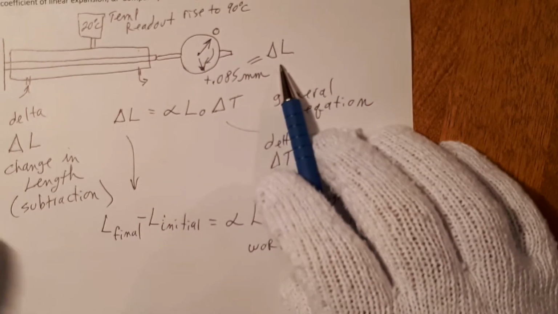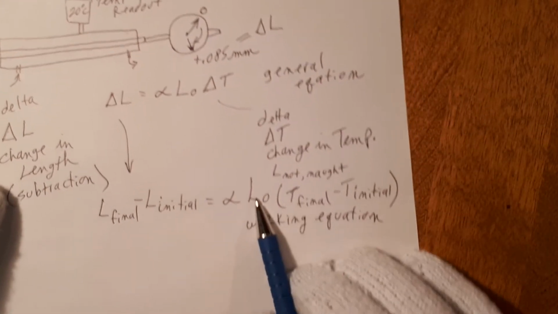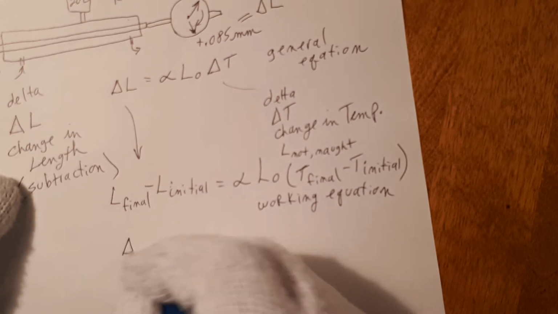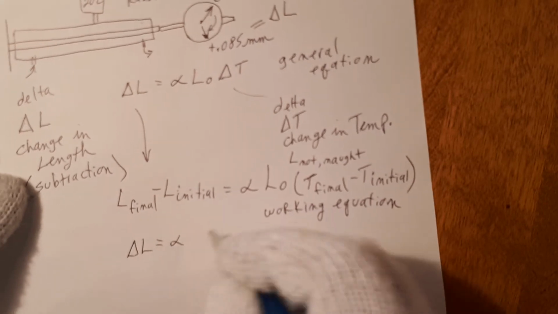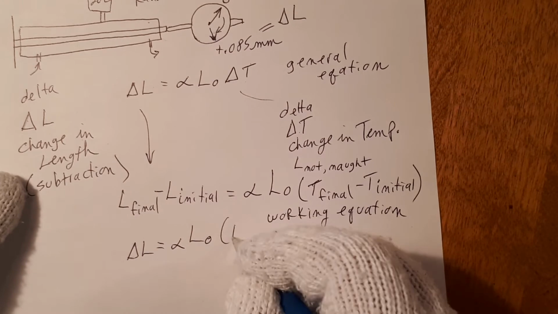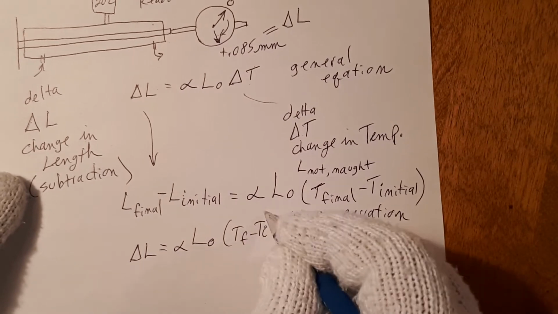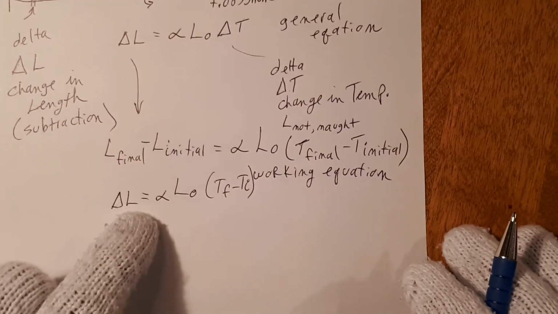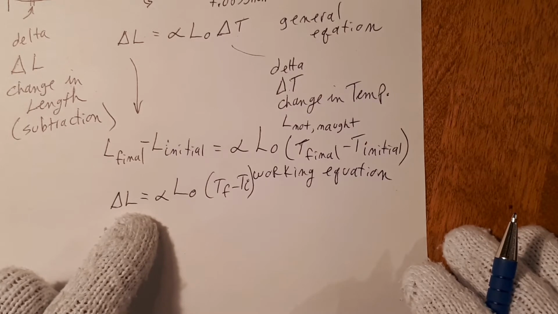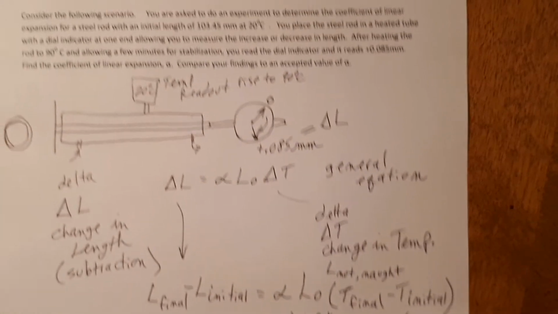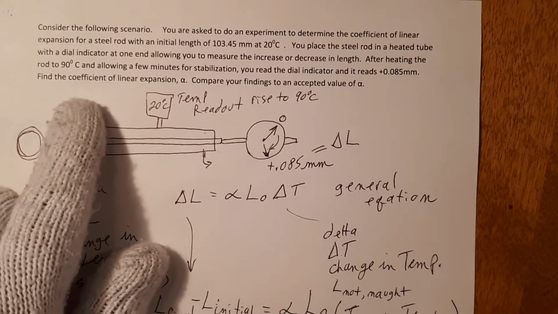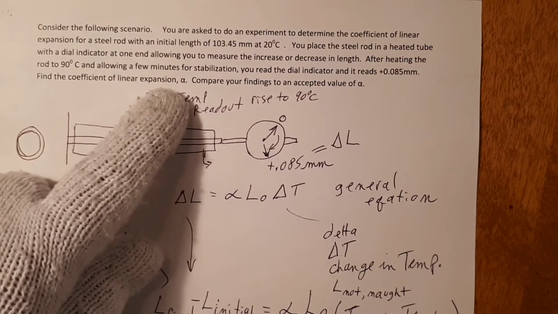Since I already have this, I can rewrite this equation as such. Change in length is equal to alpha L naught times temperature final minus temperature initial. Now the question asks us to find the coefficient of linear expansion alpha.